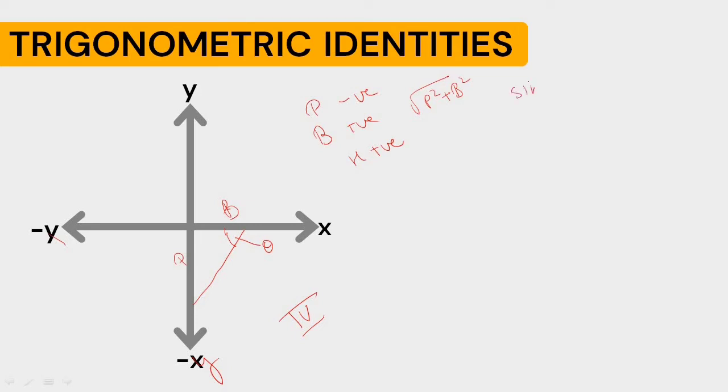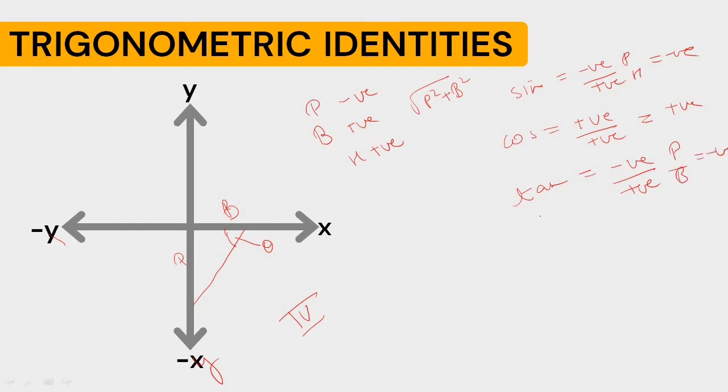Sine is negative upon positive, so it is negative. Cos is positive upon positive, so it comes positive. And tan is negative upon positive, so it comes negative. So in the fourth quadrant, cos is positive, tan and sine are negative.